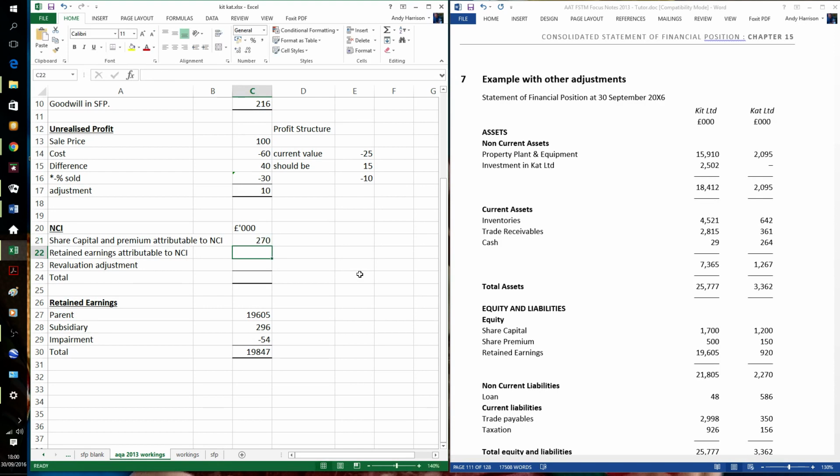They will actually get their full share of the 910, not the 920, because they've owned the company throughout. And they also get the benefit of the revaluation.